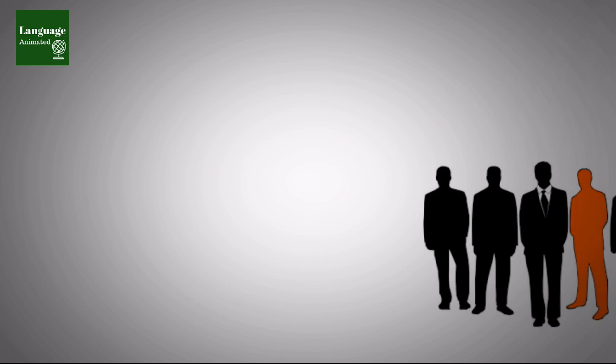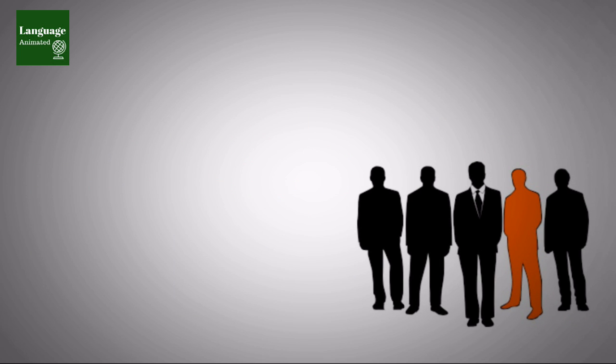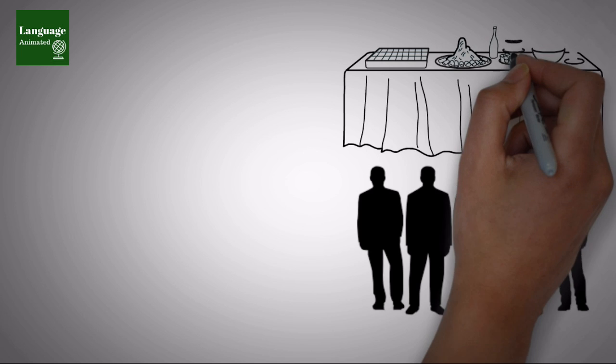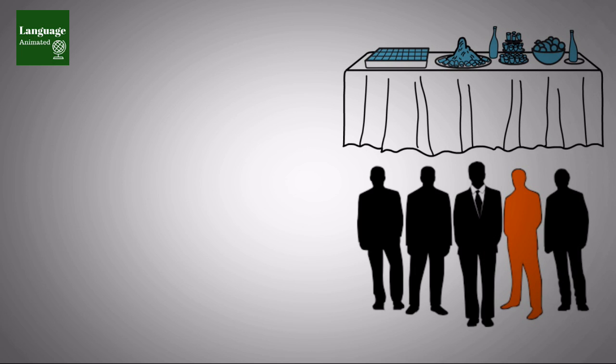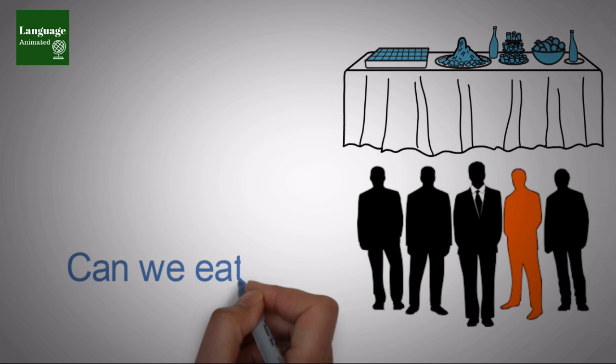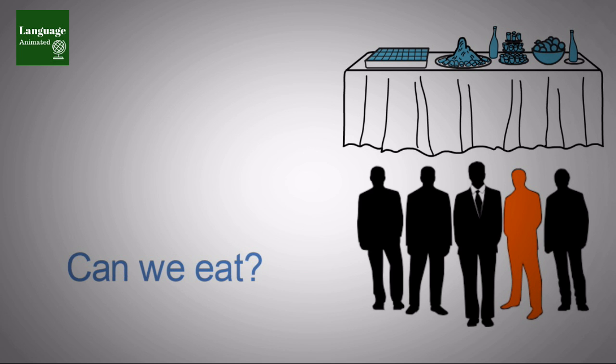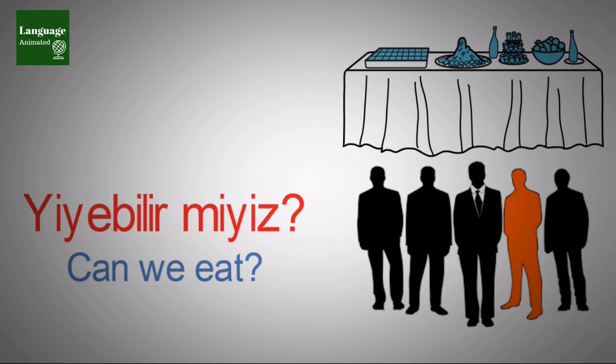So you are with your friends, or maybe with your family, or maybe you are with a Turkish person and you guys want to eat and the food is ready and you didn't start eating. So you say, can we eat? In Turkish you can say, yiyebilir miyiz?